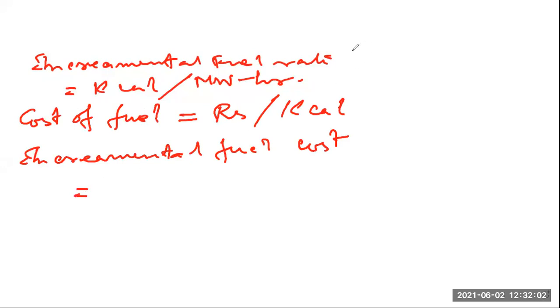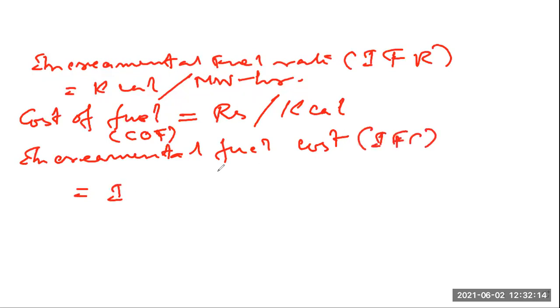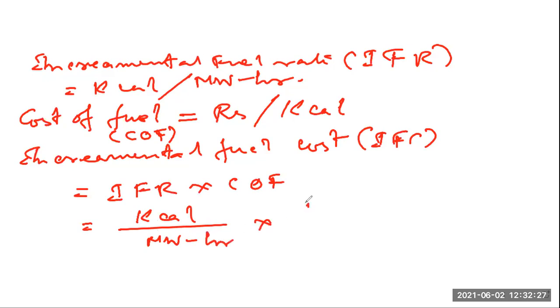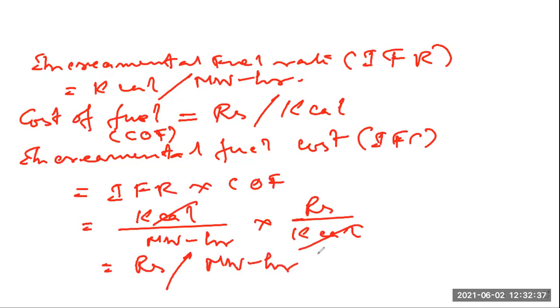Let us say this is IFR and the cost of fuel is COF. So the incremental fuel cost IFC is equal to IFR into COF. This is kilocalorie divided by megawatt hour into rupees per kilocalorie, so we get the unit of incremental cost: rupees per megawatt hour.